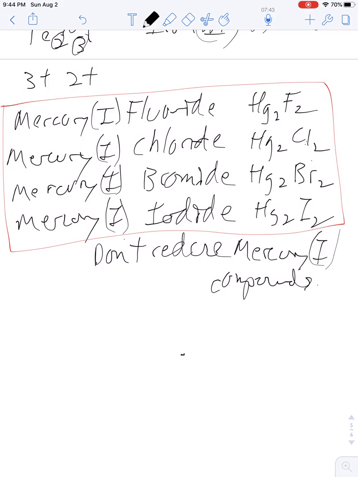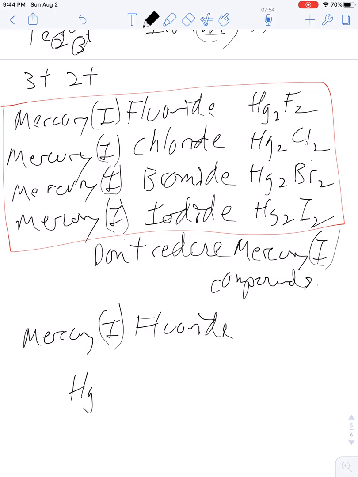So mercury 1 fluoride, what you'd say is, okay, mercury 1 means that there's a 1 plus charge, but I automatically have 2 of them. So that means my total charge is going to be a plus 2, because 1 times 2 is 2, so I have a total of a plus 2 charge. We kind of ignore all of that and say, okay, my total charge is what's important.